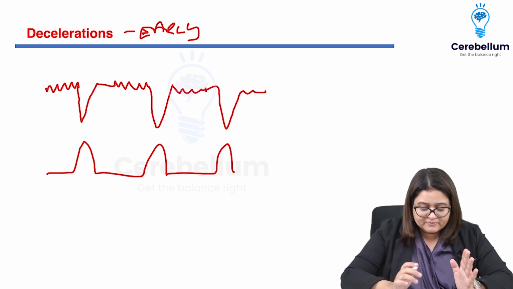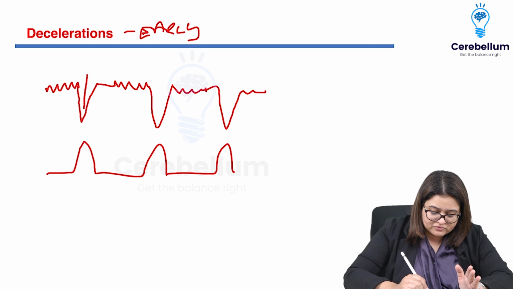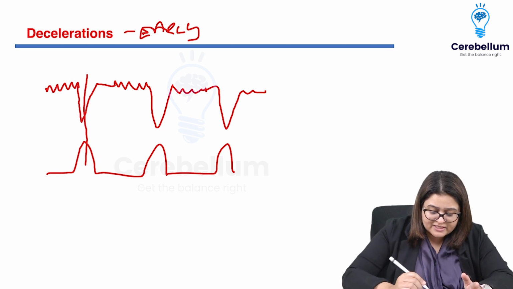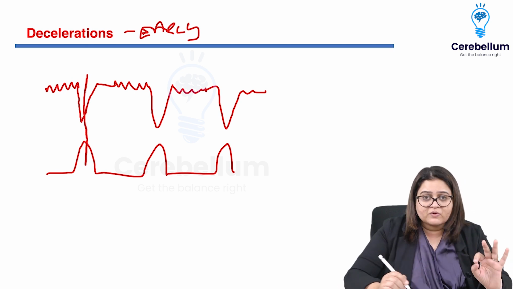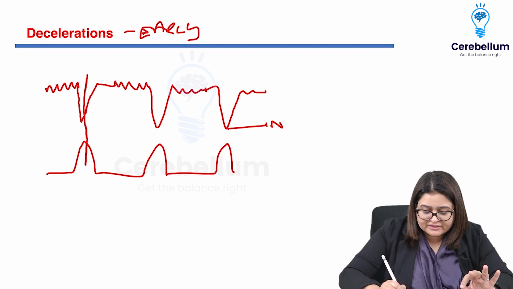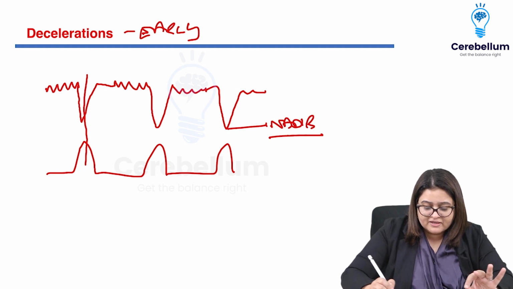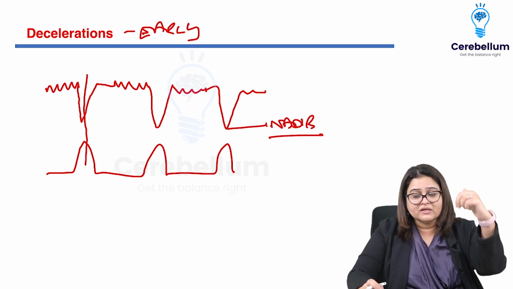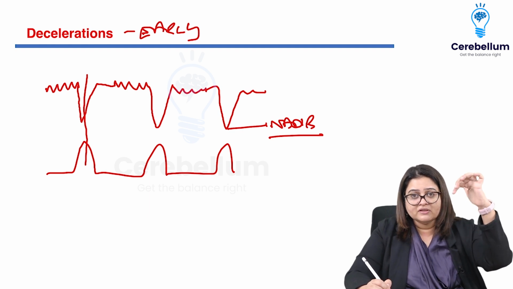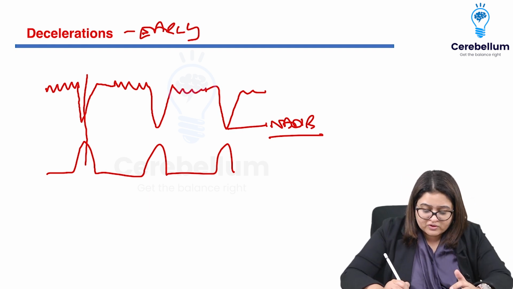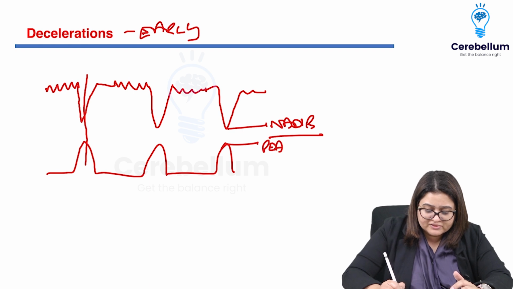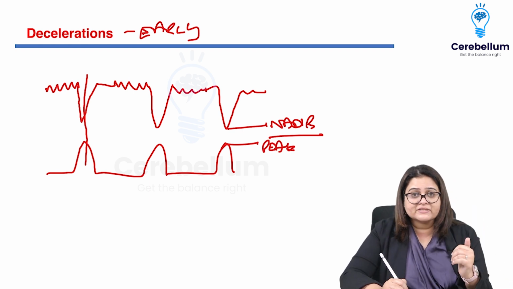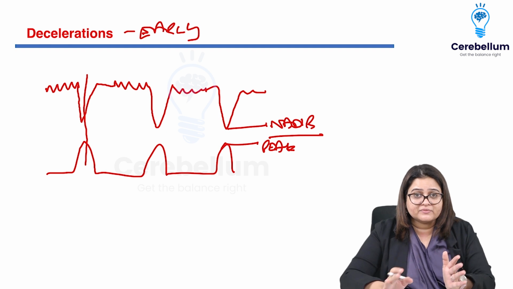Can you see how symmetrical they are with respect to the uterine contraction? That means the nadir. What does nadir mean? Your books would say nadir. Nadir means the trough of the deceleration corresponds to the peak of the contraction. Can you see how nicely it's corresponding? What a symmetrical image this is.